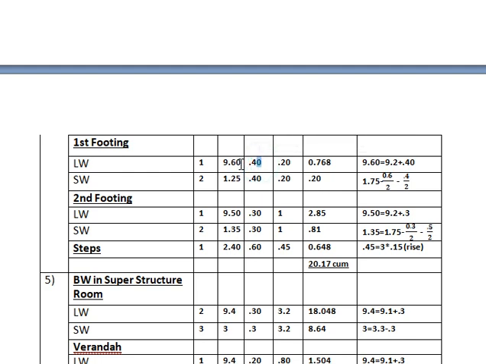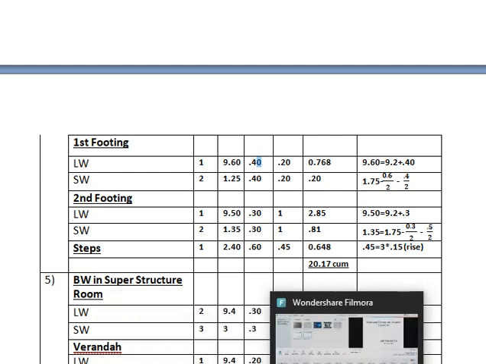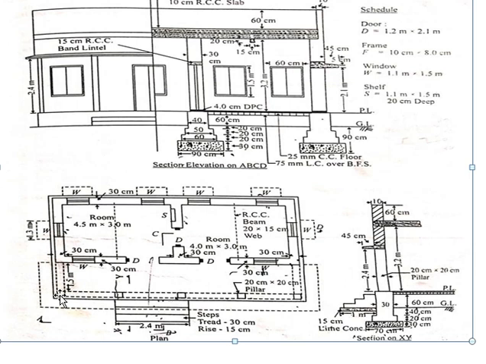Now talking about the short wall, as we can see from our plan here, and this is our short wall. Now talking about the first footing, 1.75 is the original center to center length. Now on this side, if you see, the section is this, and the first footing width is 0.60, and on this side the section is this one, and the width here is 0.40 for the first footing.